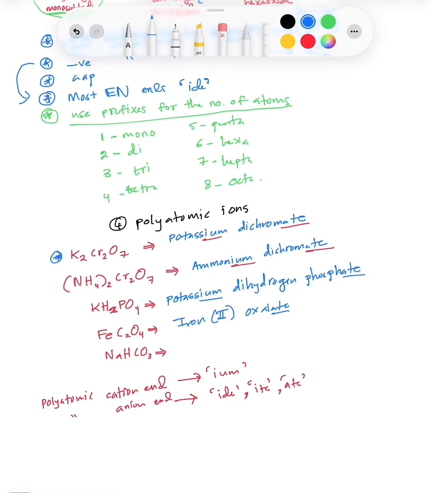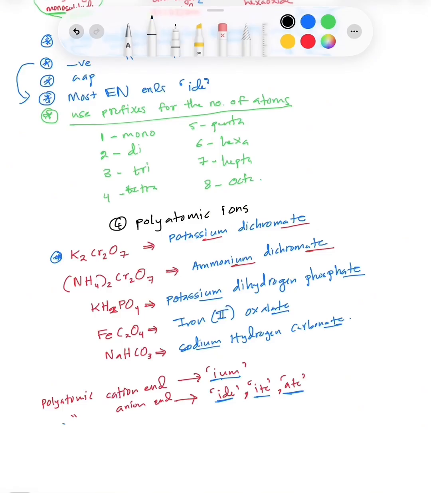It's ending in -ate. And this is sodium hydrogen carbonate. So this is how we name polyatomic ions. -ium and -ate. Remember the rule: polyatomic cation ends in -ium, polyatomic anion ends in -ide or -ate.